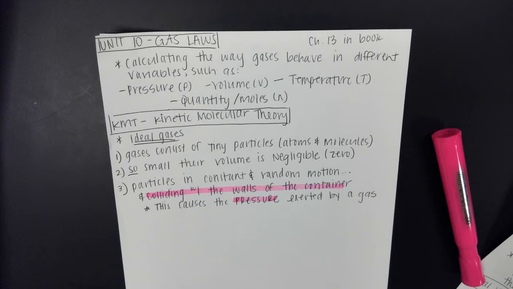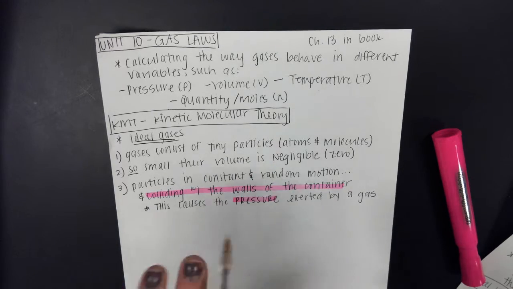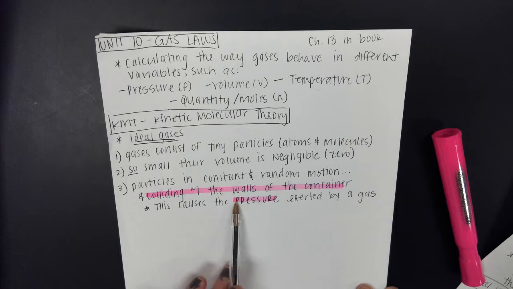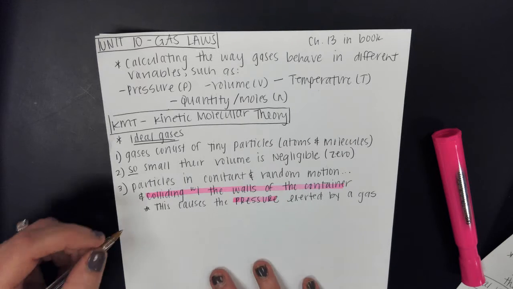So anytime you feel a high pressure, that's because, whether it's a smaller volume or a higher temperature, the gas particles are colliding with more force and more energy and more speed and more frequency. They're colliding with the walls of their container. That's a higher pressure.